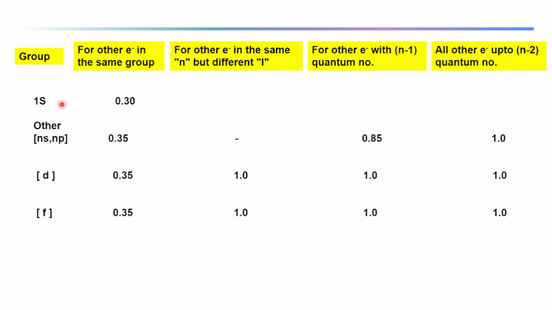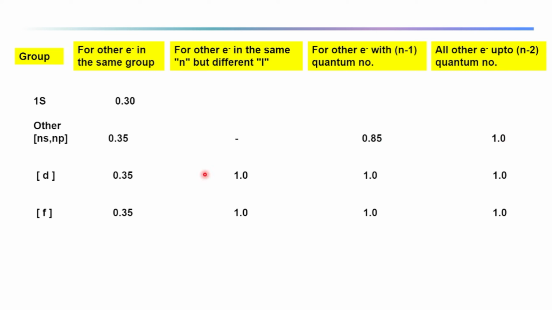For 1s we have a maximum of 2 electrons, so we have just 0.30 from the other electron in the same group. And for other ns and np we can have a total of 8 electrons here. So for other electrons in the same group you have 0.35, for other electrons with n-1 quantum number you add 0.85, and for all other electrons up to n-2 quantum number you get 1 as the shielding constant.